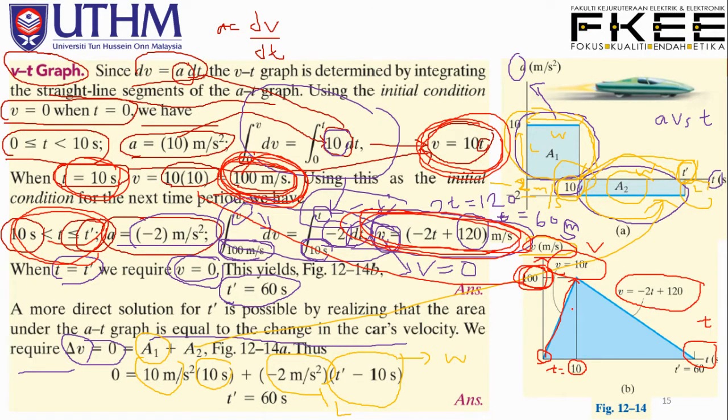The speed starts to decelerate down to t prime equal to 60, where at this point v equal to 0. So after 10 seconds, the speed goes down to 0 at t prime equal to 60 seconds.